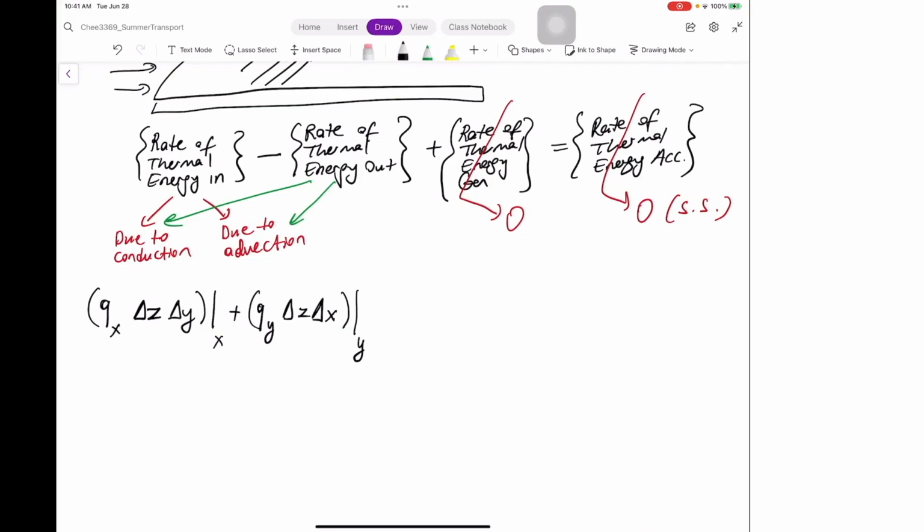Now let's add the convective term, the advective term. The advective term means the transfer just because you're moving the object from one place to another. So it's like moving your hot cup of tea from one place to another. You're actually having an energy transfer, instead of holding your cup and the heat just dissipating with conduction.